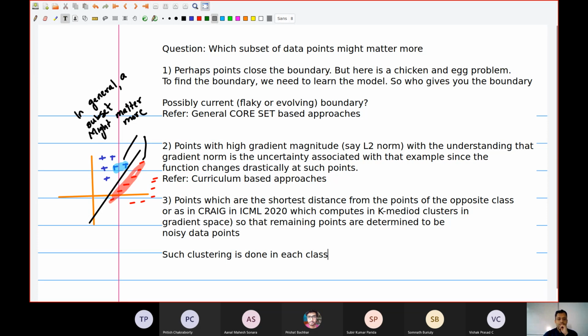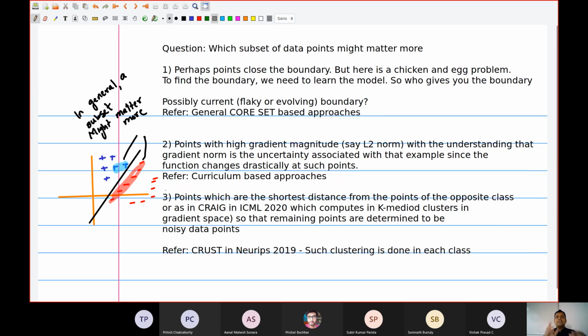Okay, so good. Refer to Crust, which is I think in NeurIPS 2019. So these are some points. Is there any other thought on how the subset of points that matter more would be selected?